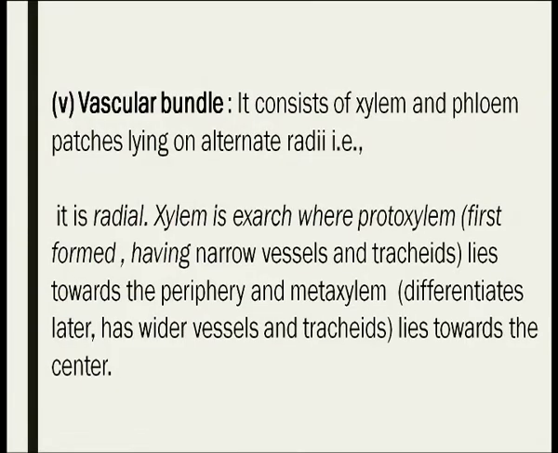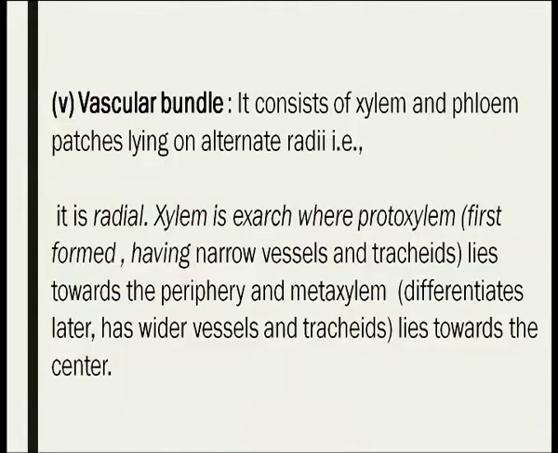vascular bundles. What happens generally, xylem and phloem patches lie on alternate radii. Suppose there is a circular structure of the root which you are seeing in the microscope, you can imagine one radius from the center to the periphery, one line.